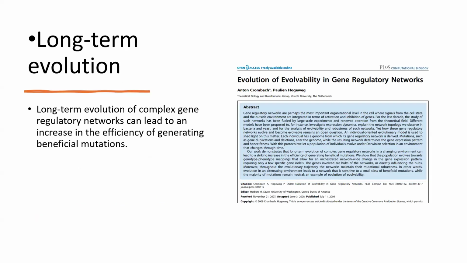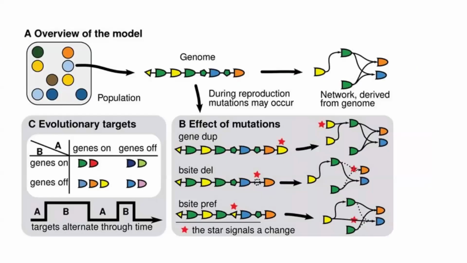We look at long-term evolution here: complex gene regulatory networks can lead to an increase in the efficiency of generating beneficial mutations. What? Excuse me? Okay, here we go. Anton Krombach and Paulien Hogeweg, 2008, did a simulation. Oh, thank goodness. Okay, so we'll forgive them for the semantics.